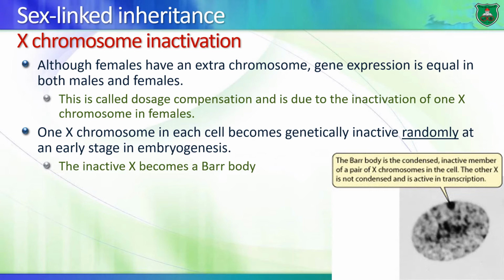So one might expect that females would express double the amount of proteins from the X chromosomes versus males, but this is not the case. Having 1 X chromosome inactivated would enable female cells to express the same amount of proteins as male cells.